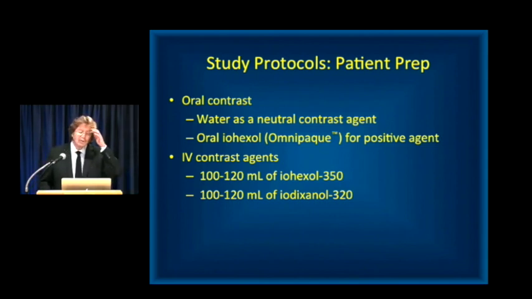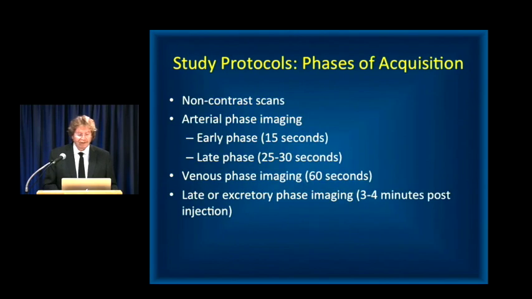Now I mentioned we use water as a routine contrast agent. You can use oral iohexol, oral Omnipaque in a low density solution, but we typically do that for some of the other pathologies. I tend to like water when I'm doing the liver. So what can we do? If you think about the liver for a moment, kind of like when I spoke about the kidneys, there's a number of things you can do.